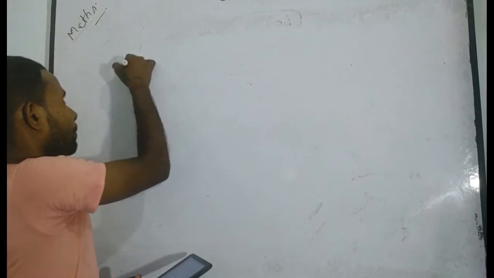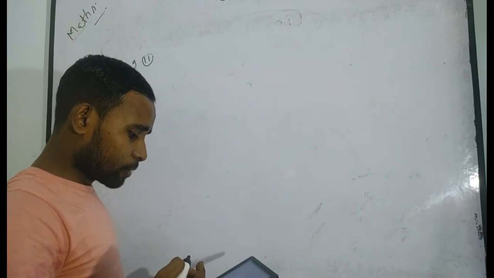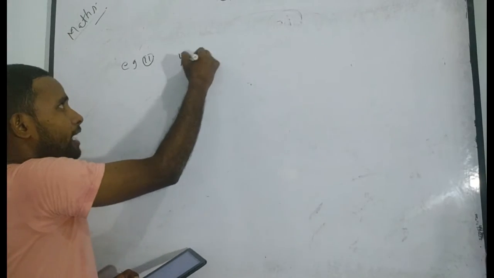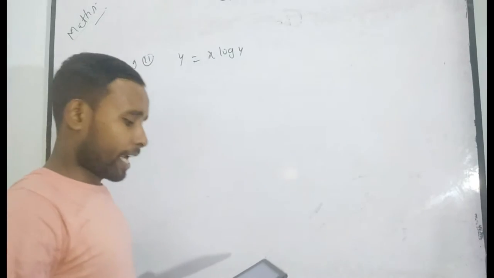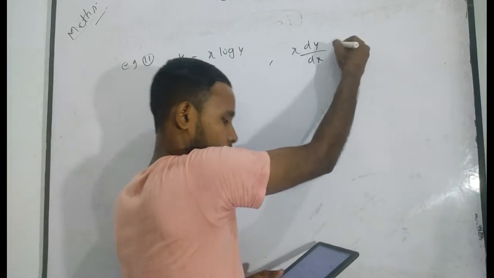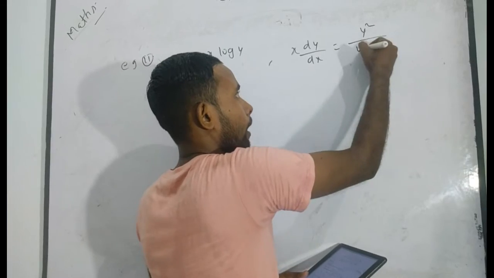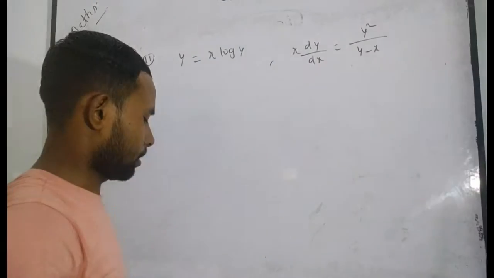See here, example 11. This problem is very easy. It is given that y is equal to x log y, and you have to prove that x dy/dx is equal to y square upon y minus x. How can you solve this problem?